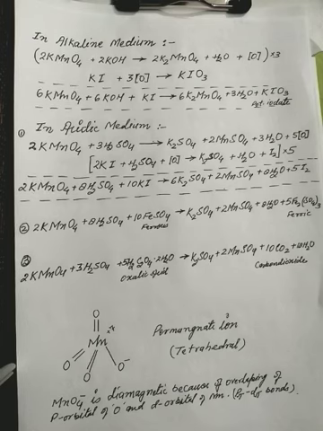The number of half-nascent oxygen given by one molecule of KMnO4 is the n-factor, and by this value we divide the molecular mass to get the equivalent weight. So in alkaline medium, 158, the molecular mass of KMnO4, will be divided by 1.